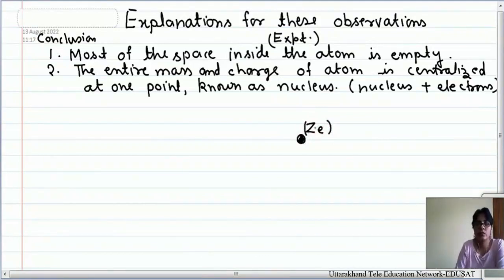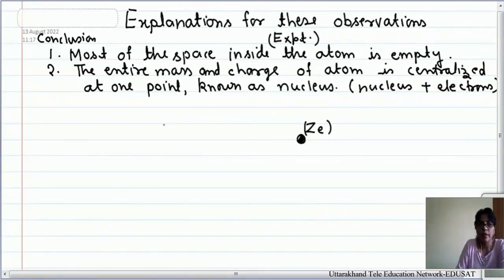In this case it is gold foil, so Z is the atomic number of gold. Now let us recall that alpha particle is positive and the nucleus is also positive, so there will be repulsion. When an alpha particle approaches the nucleus, there will be Coulomb repulsion.